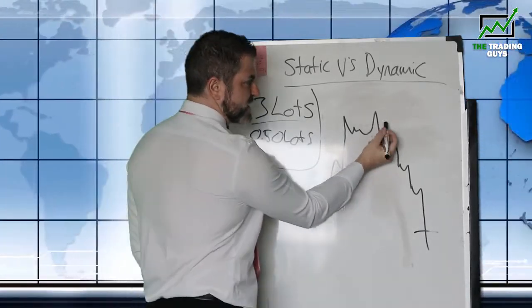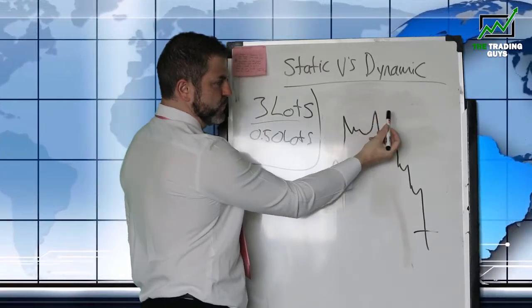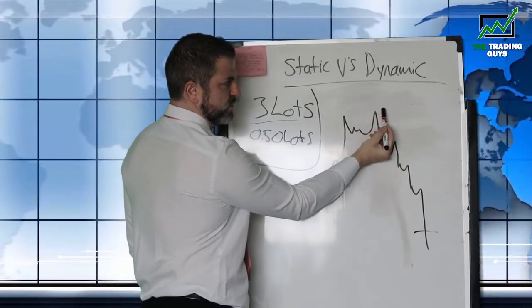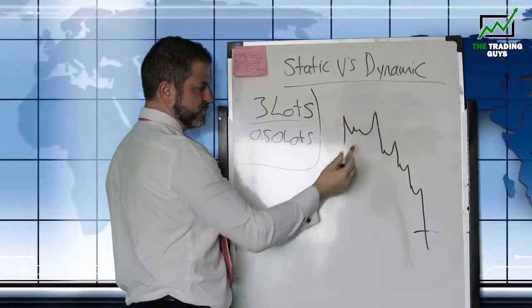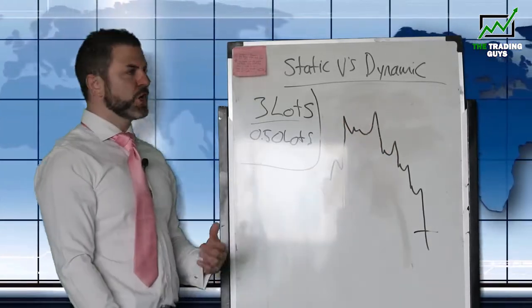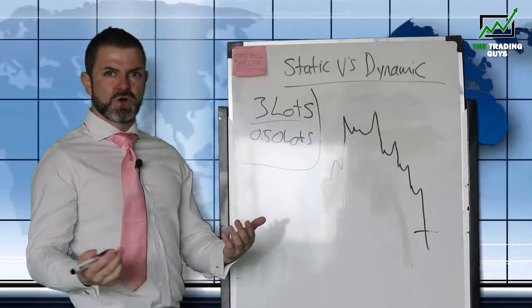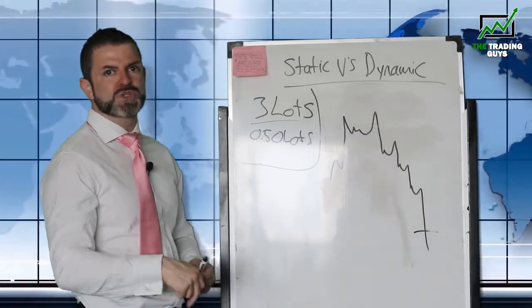But if you manage this and this comes up to this top part here, the last resistance, your account might be down $75 at that point. So you just hit close half your position.